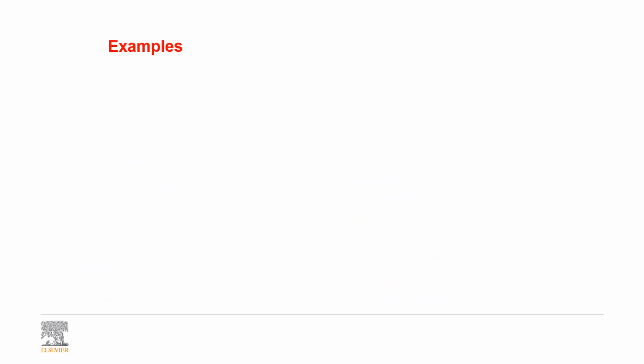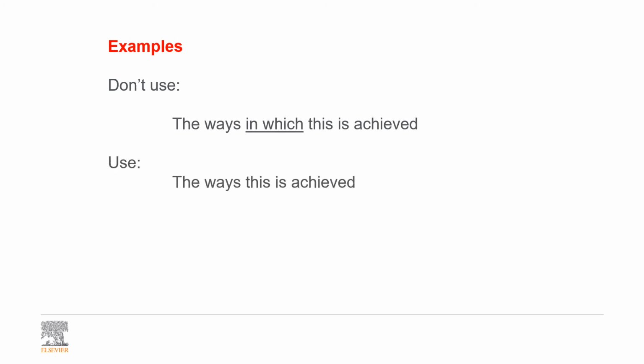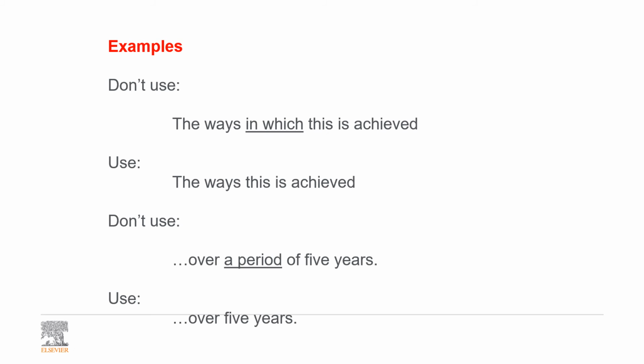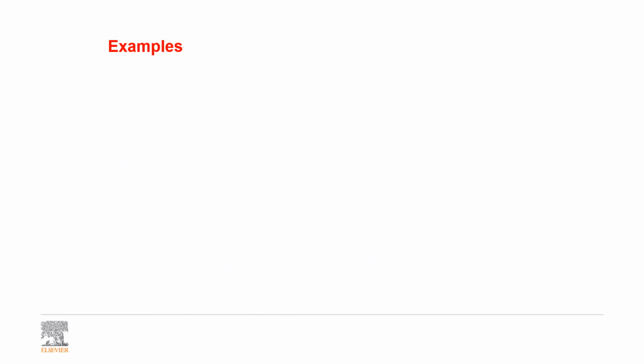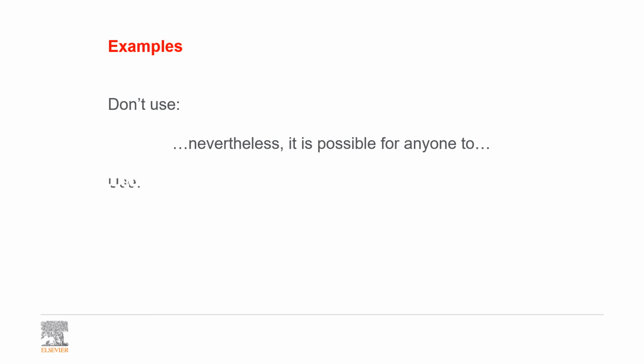So some examples. Don't use the ways in which this is achieved, just say the ways this is achieved. Don't use over a period of 5 years, just say over 5 years. Don't use nevertheless. It's possible for anyone to.